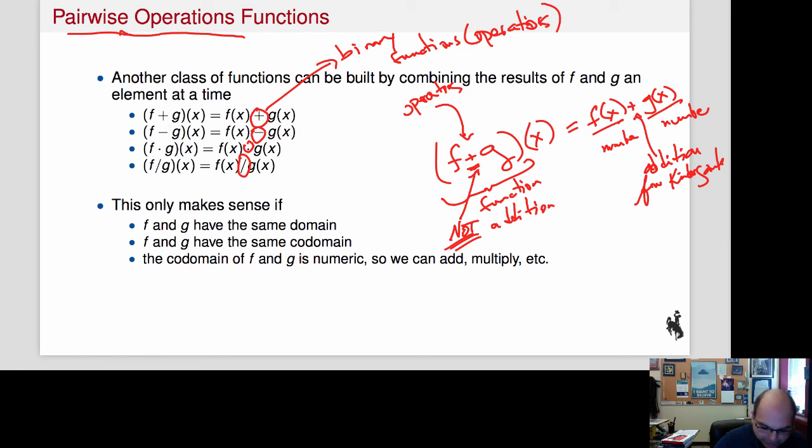And the codomains have to be numeric so that I can actually add, right? So this really only makes sense for numeric functions. You can see that I could generalize this to non-numeric functions as long as I can do something pairwise to the elements. For example, if I have functions over lists, then I could do something like concatenation of lists and do the same kind of trick. Okay.